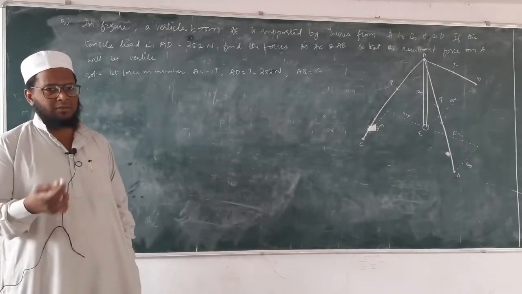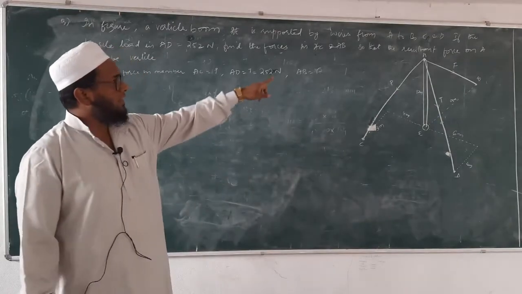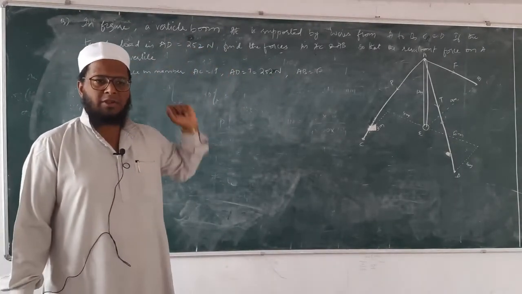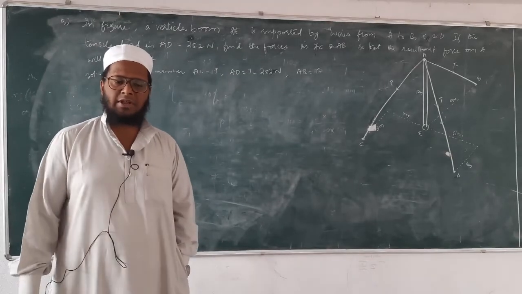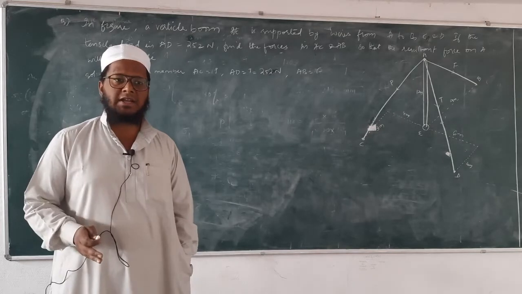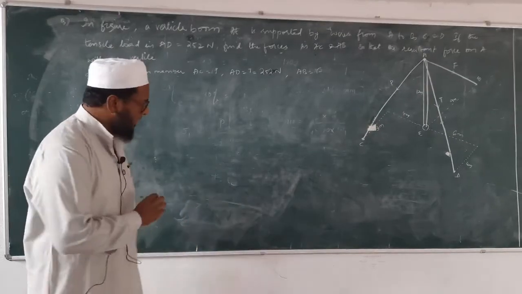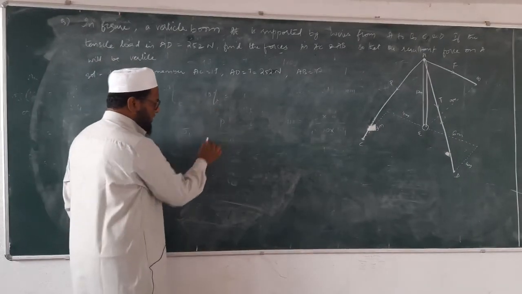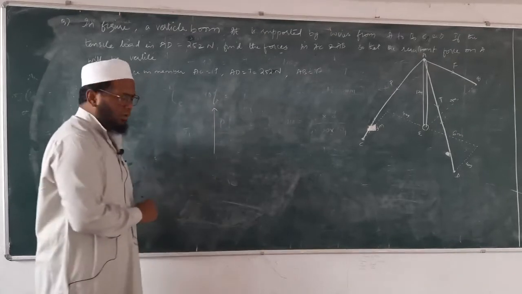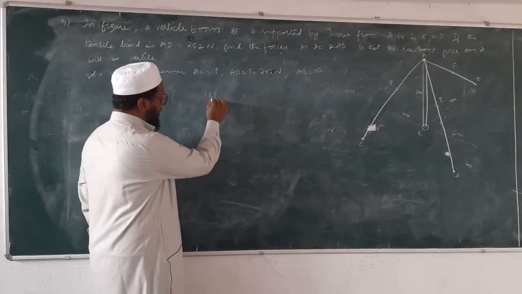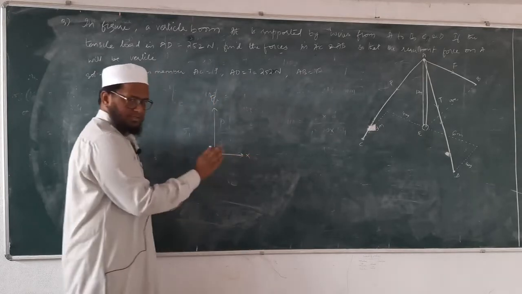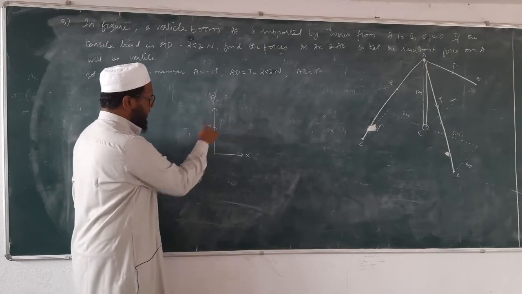Now he has given us one more thing, that the resultant force on A is vertical. What do you mean by that? Whenever the resultant is going exactly in y direction. Suppose, for example, I have a force going exactly in y direction. Let this be force F, and this is the x axis and this is the y axis.